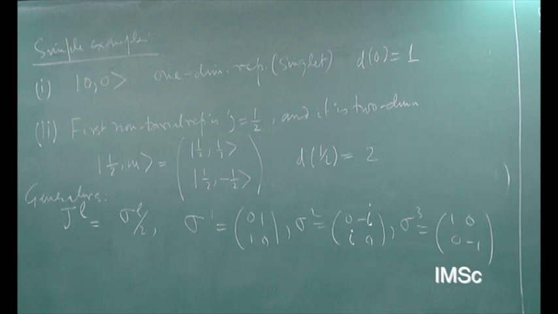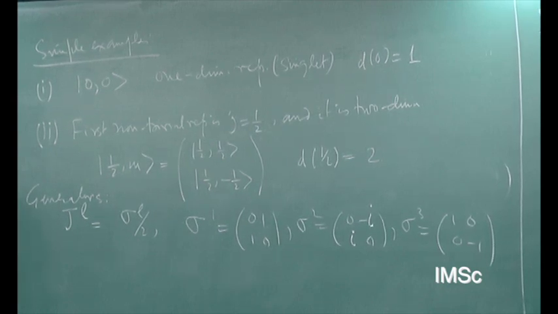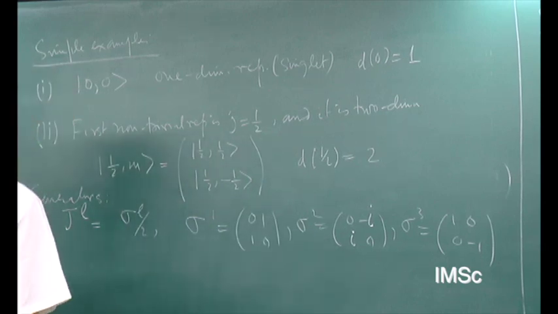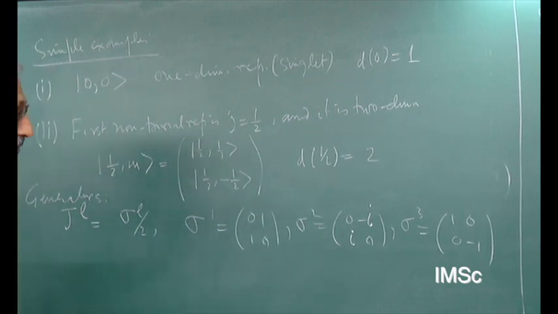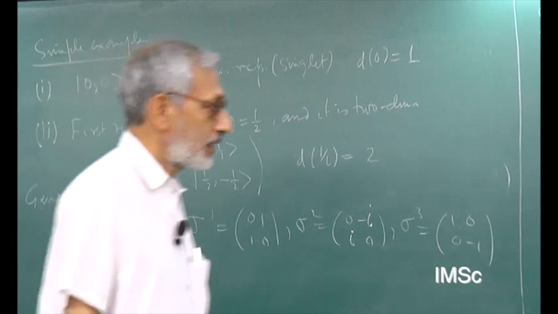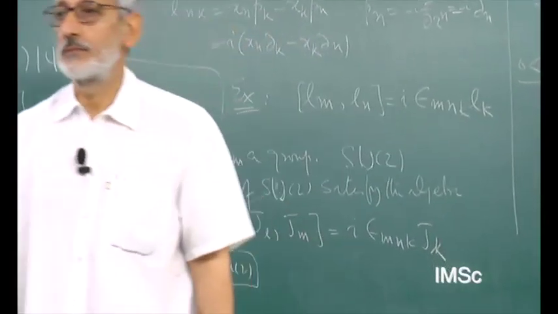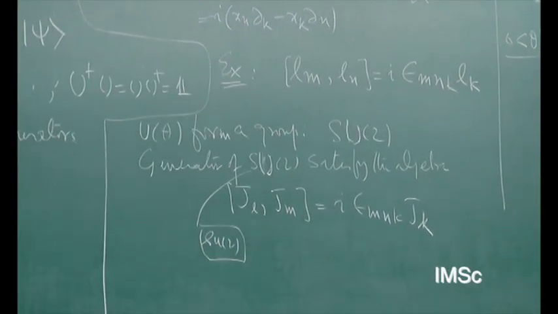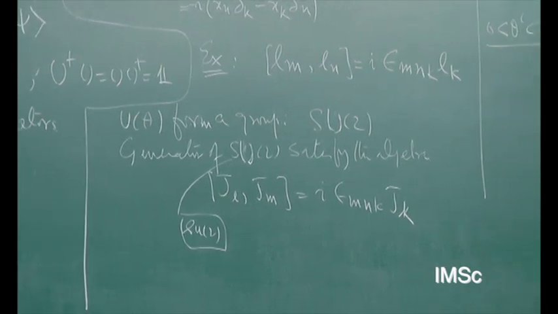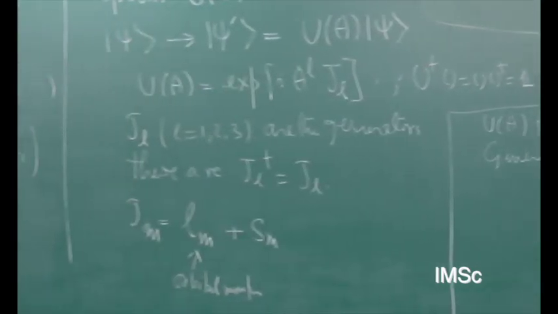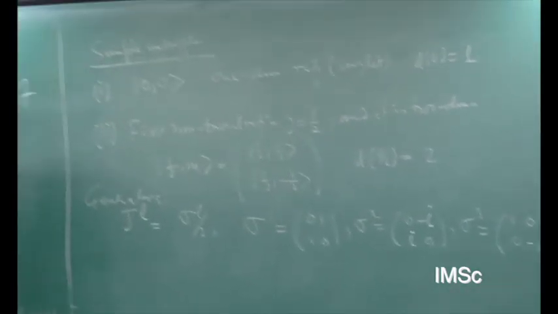Convince yourself that the JL defined by this satisfy the algebra we wrote here. So that is the first non-trivial representation.